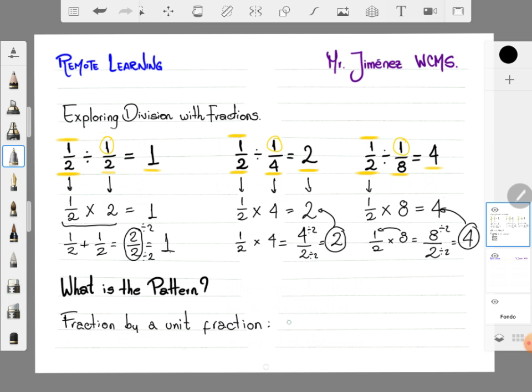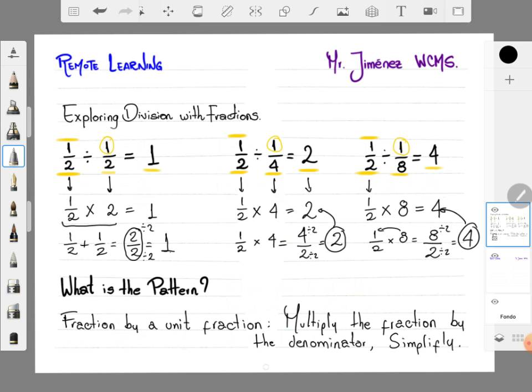Just you multiply the fraction by the denominator and then simplify. So this is very easy.